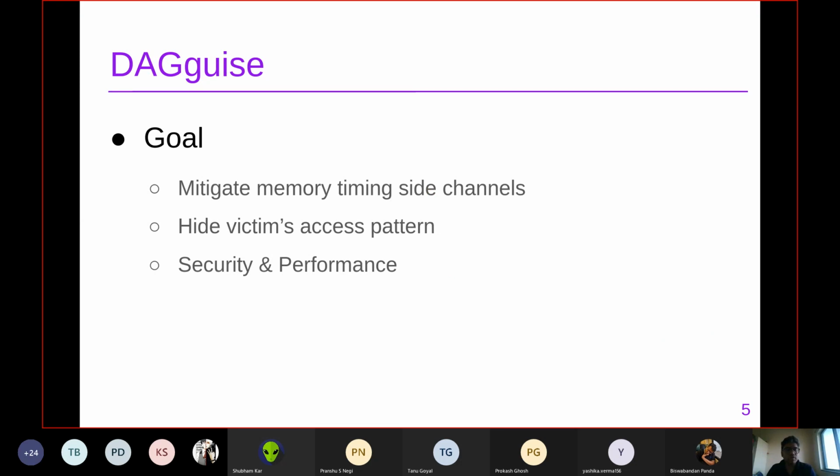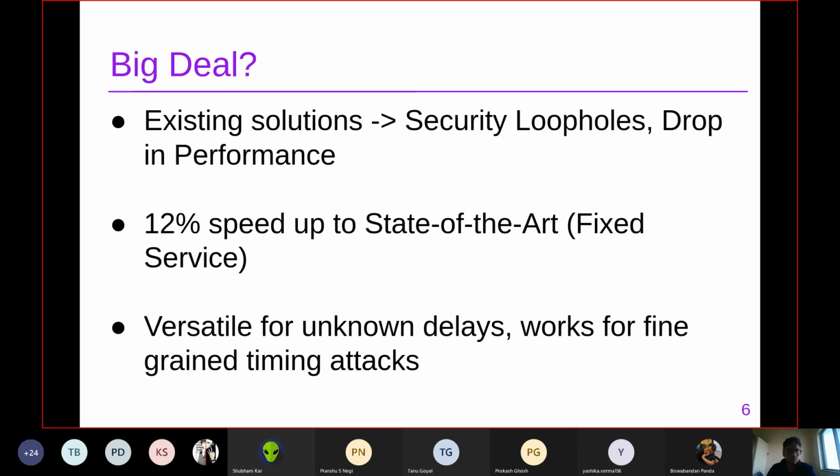The very high level goal of this paper is to mitigate memory side channel attacks by hiding the victim's access pattern. While doing so, we also want to maintain security on all timing resolutions and not cause significant performance degradation. So why is it a big deal? We've seen that existing solutions either have security loopholes in terms of timing resolution, in the case of Camouflage, or a drop in performance, in the case of Fixed Service.